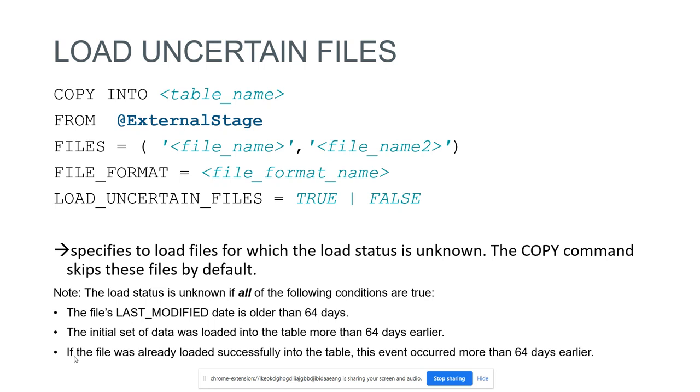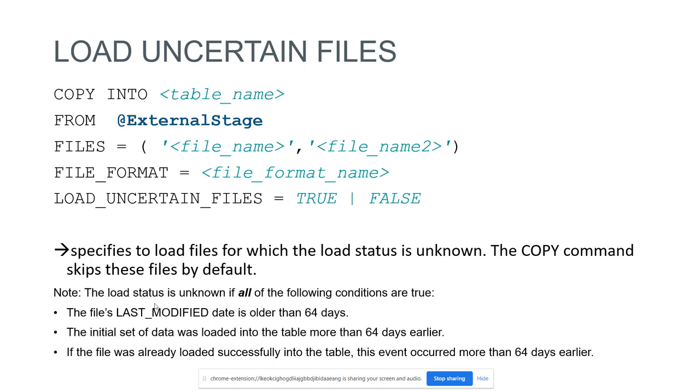And if the file was already loaded successfully into the table, this event occurred more than 64 days ago. So the file is still there in the stage, but the file was successfully loaded into the table 64 days earlier. We call that unknown.